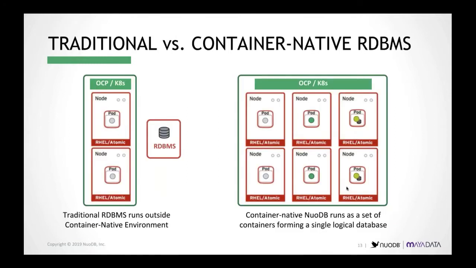Okay. And then I was just going to touch upon running. What would it look like if you ran a traditional database versus a container-native database in a Kubernetes OpenShift type of environment? So on the left is where we see how you would set up OpenShift, where you're running your applications in OpenShift, but yet if your database is, for example, an Oracle or a SQL Server, you would then be running that environment outside of OpenShift in a second environment that still needs to be managed and provided.